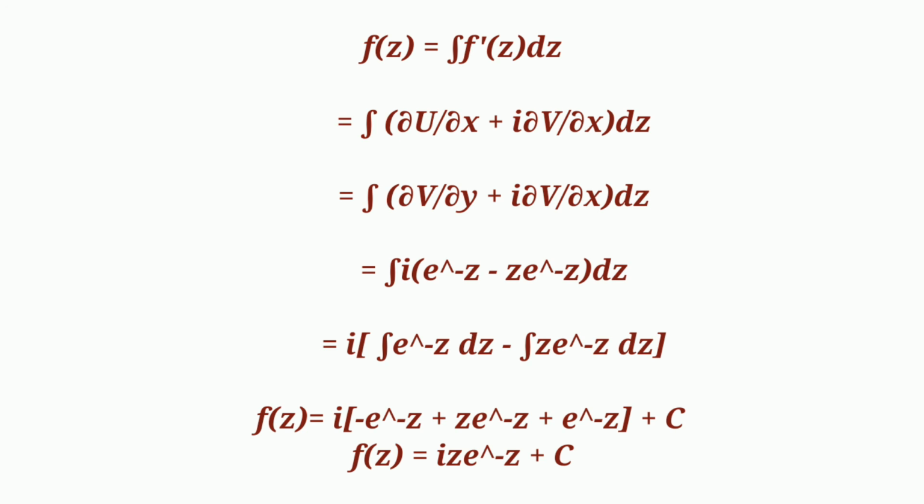See, e raised to minus z will cancel each other. And after integration you put a plus c. And you can see our analytic function f(z) is i into z e raised to minus z plus c. See, this is the required analytic function whose imaginary part is e raised to minus x into x cos y plus y sin y. Thank you.